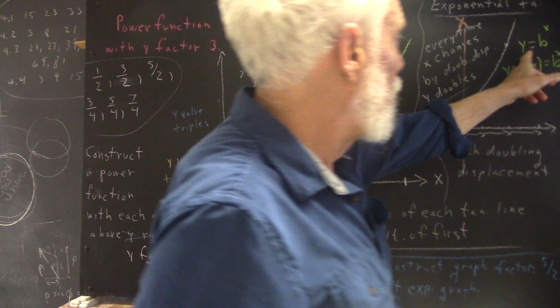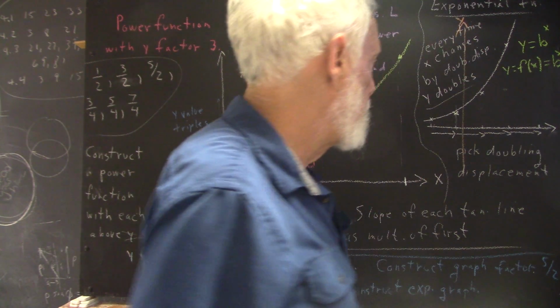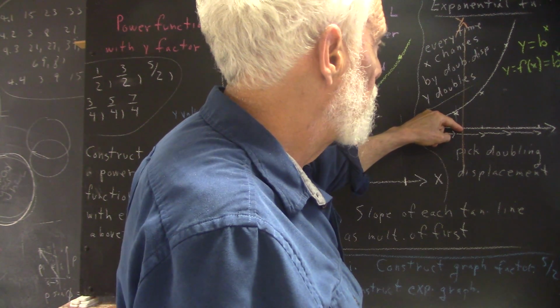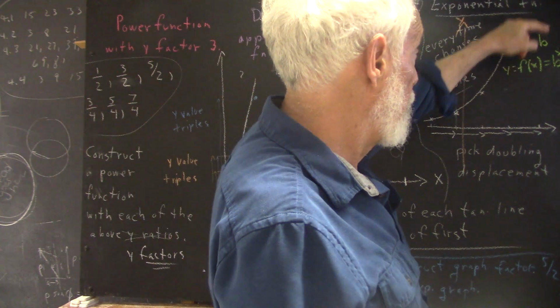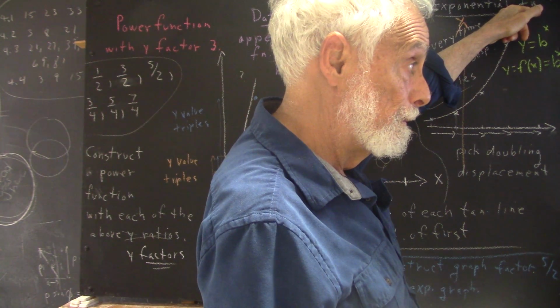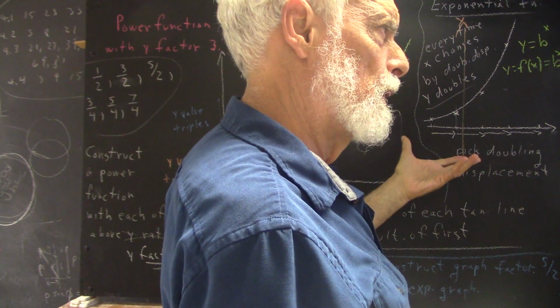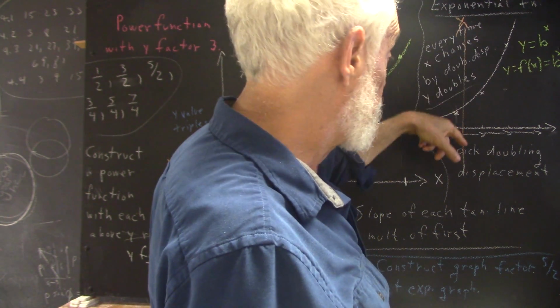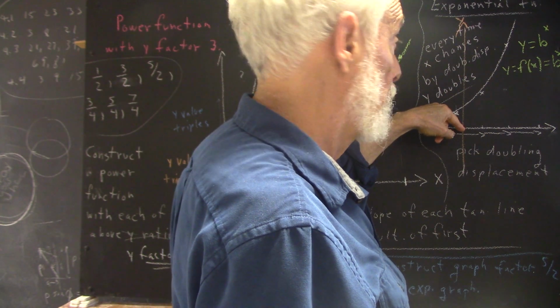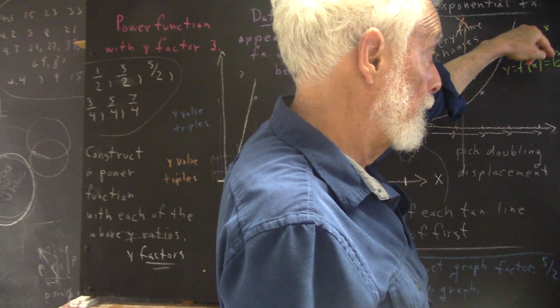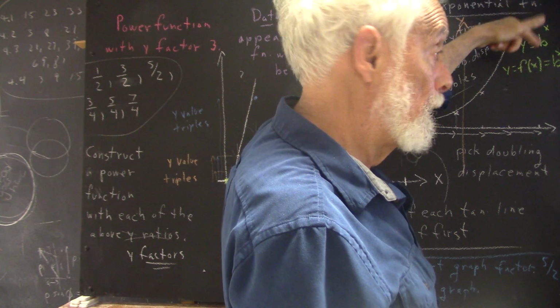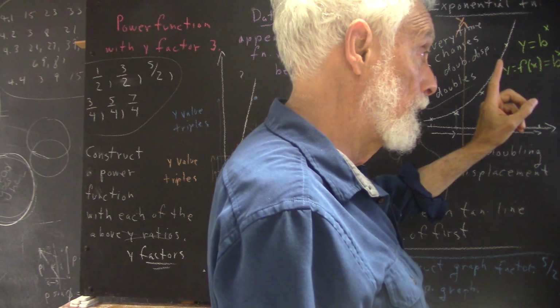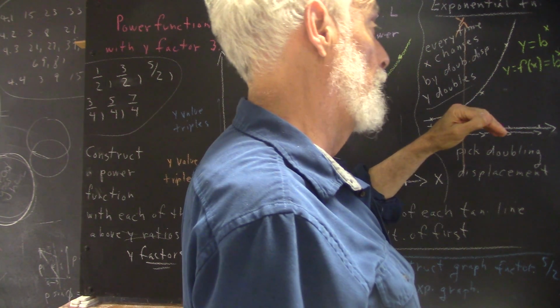Well, if y equals b to the x, then when x equals 0, on the y-axis, b to the x is b to the 0. b to the 0 is 1 because any number to the 0 power is 1.